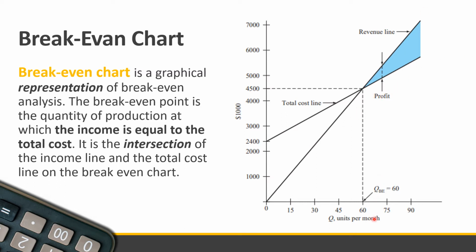So in this case, quantity is 60. So nag-meet na doon yung cost and revenue line. So it is important to know the break-even point kasi alam mo kung saan mag-start na mag-gain yung business or yung project.